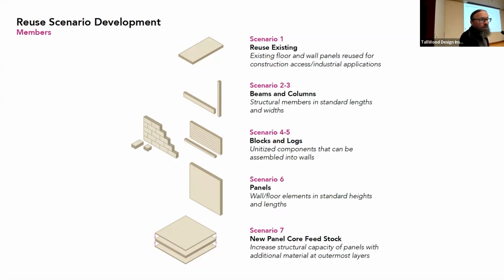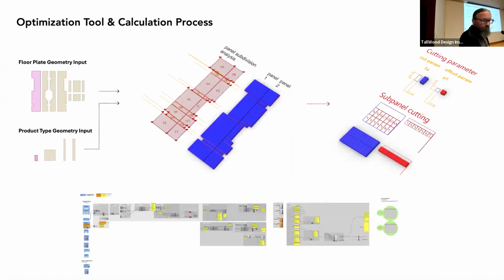At the bottom, recombining some of those offcuts that are even thinner into potentially new panel core feedstock, using the outer lamella with graded lam stock there as one structural benefit.